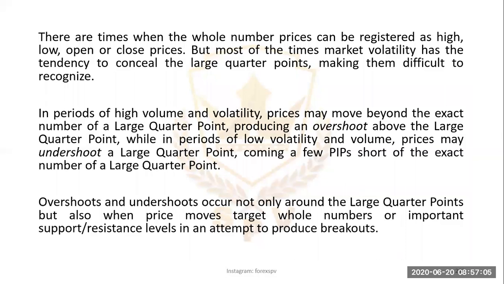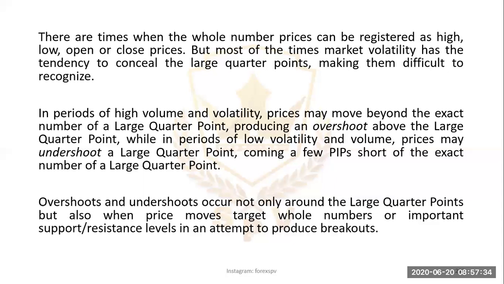There are times when these whole number prices can be registered as the exact high, low, open, or close price. But most of the time the market is volatile and has a tendency to conceal these large quarter points, making them difficult to recognize. Sometimes you see a breakout up, or it does not reach an exact whole number price.